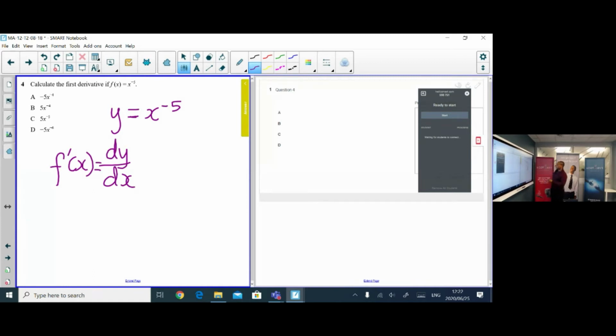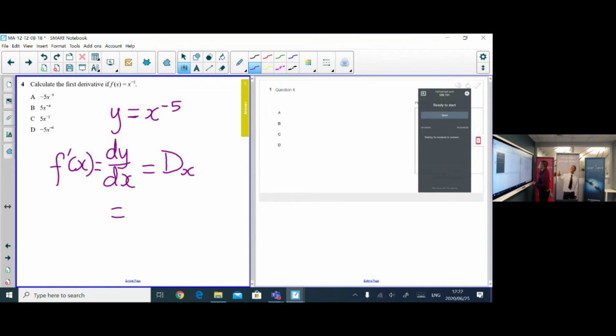It's the same thing because our function f of x can be represented by y, the dependent variable. So your solution for all these, whether it's f prime of x or dy/dx, you can also even have what we call the differentiation with respect to x. So it can also be represented like that.